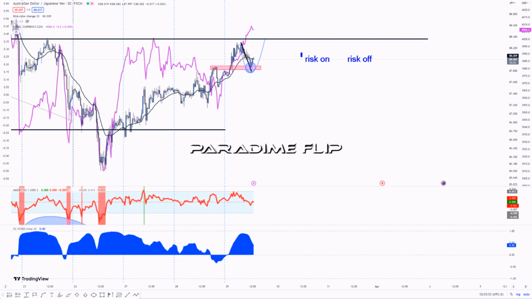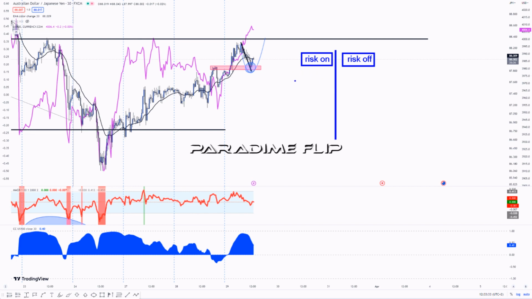Now, what are risk on and risk off flows? These are basically the different market environments that influence investor behavior, or are a result of investor behavior, either of the two.